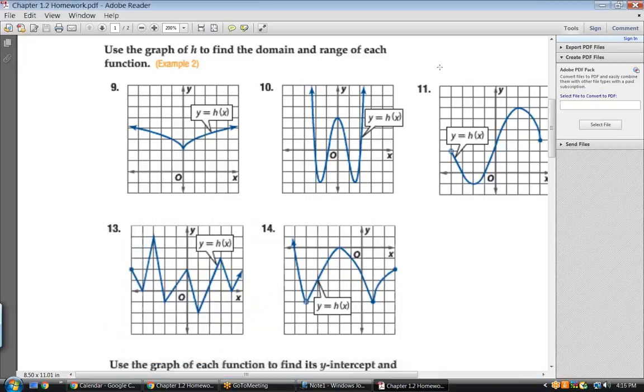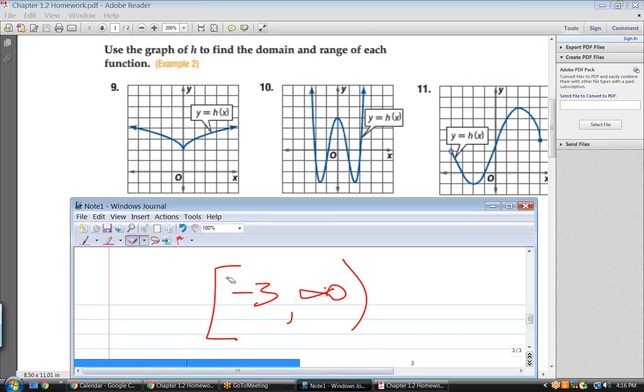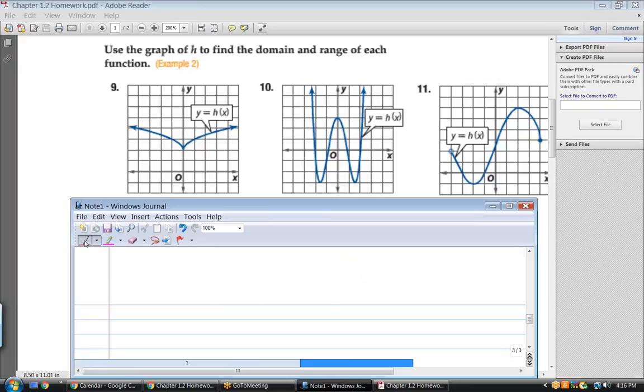Okay. Number 11, the domain. 1, 2, 3, 4. It starts off at -4. And it looks like it ends at 4. I think that's 5.